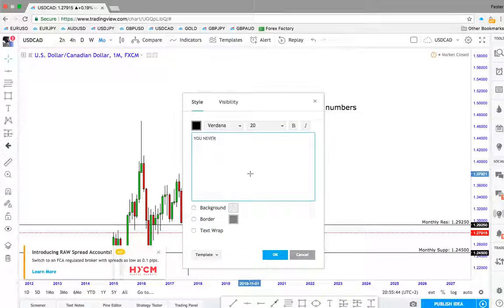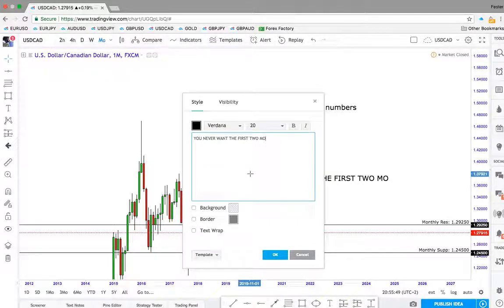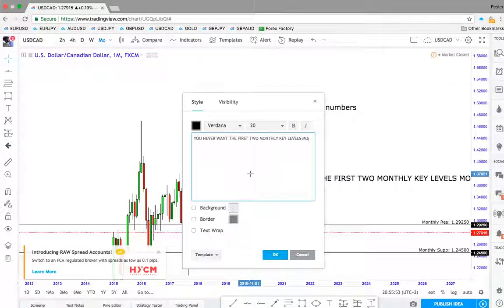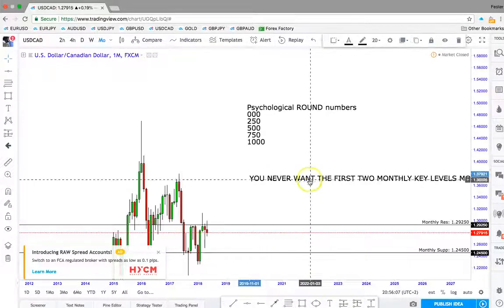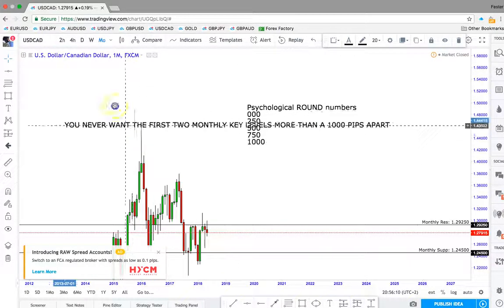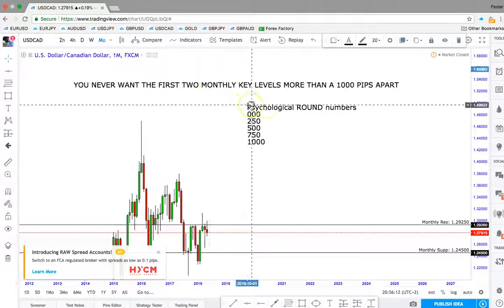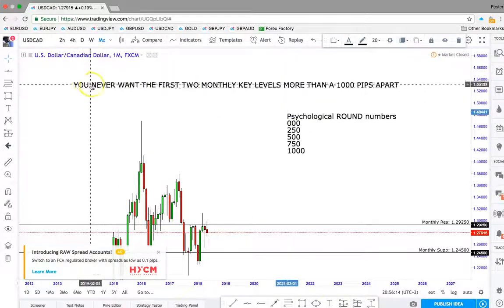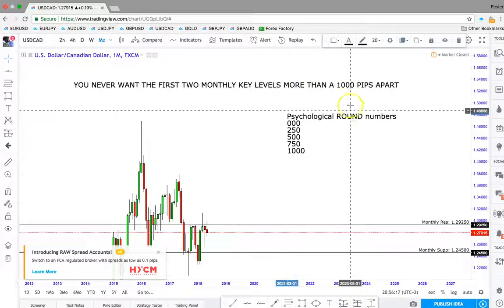You never want the first two monthly key levels more than 1,000 pips apart. Here we go. Psychological round number is very important, and also you never want the first two monthly key levels more than 1,000 pips apart.